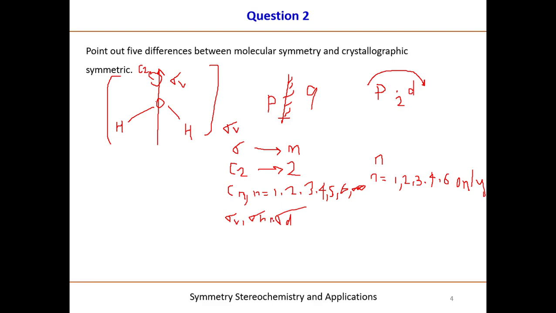But in crystallographic symmetry, everything is denoted by M. M means mirror, M translational, M perpendicular, or we also call it ML. So this is another difference.